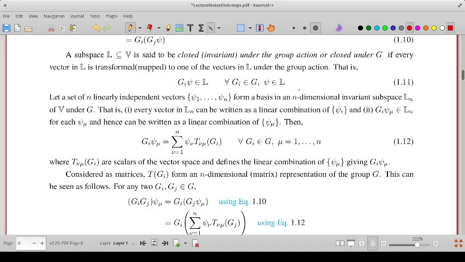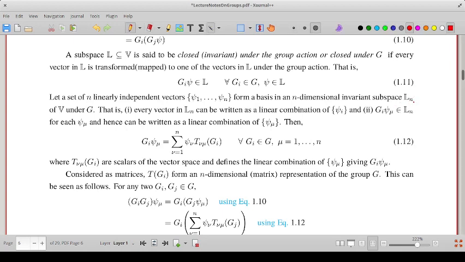Now obviously this is a subspace and therefore it will be spanned by a set of linearly independent basis vectors. Suppose we have say n linearly independent vectors that span the subspace L. Then the dimension of this invariant subspace will be n, and an n-dimensional invariant subspace can be represented with the subscript n also.